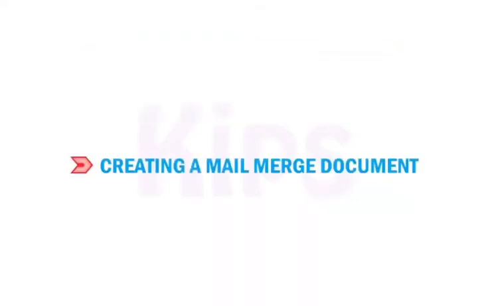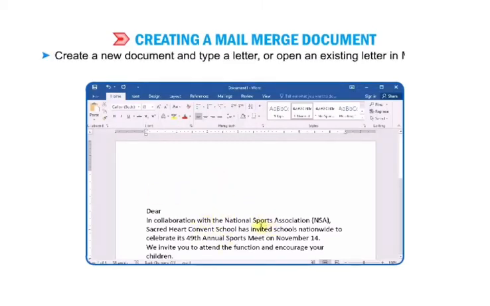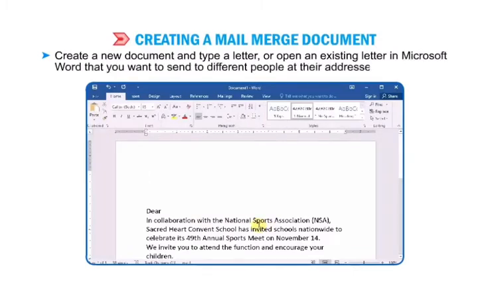Let me first tell you how to create a mail merge document. To create a main document, follow these steps. Create a new document and type a letter, or open an existing letter in Microsoft Word that you want to send to different people at their addresses.